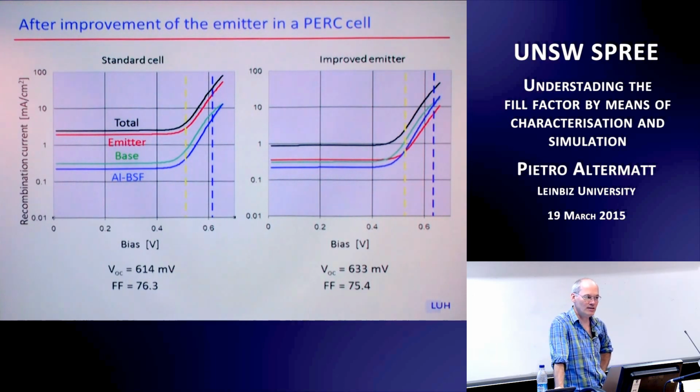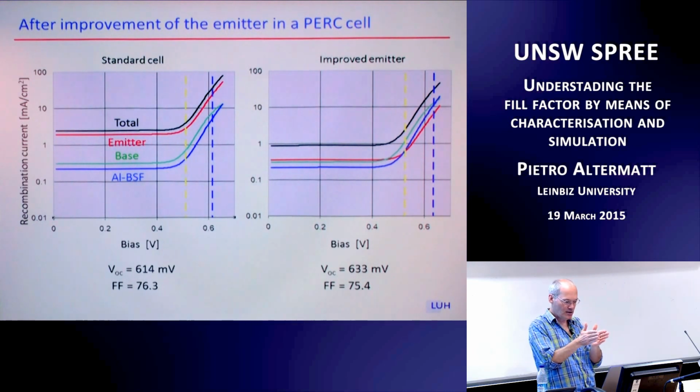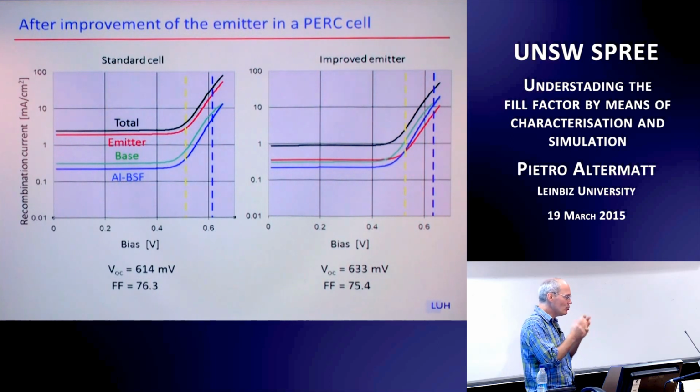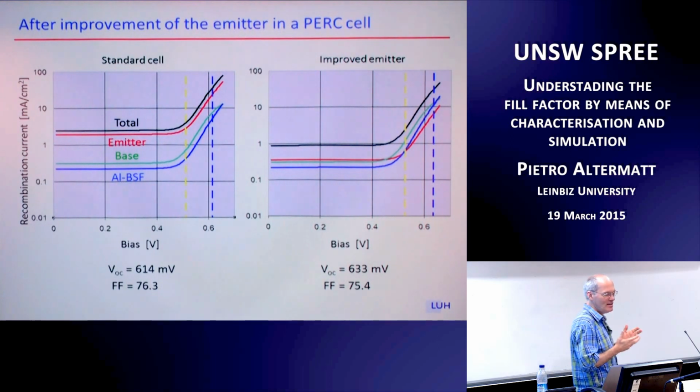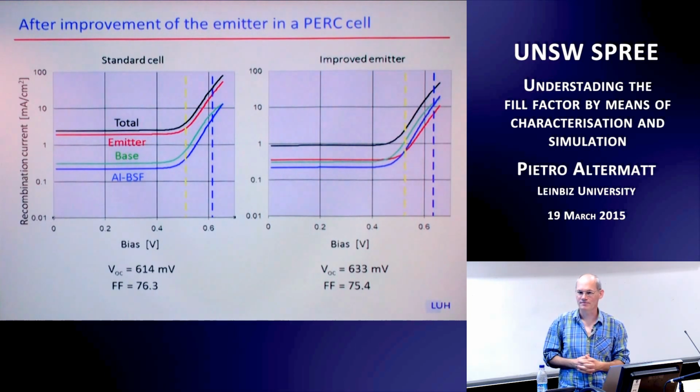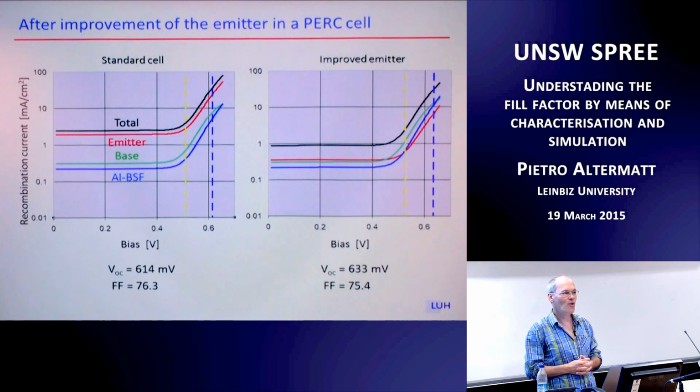People concentrated on kind of putting the front fingers closer together so they won't have as many sheet resistance losses in the current path in the emitter. They just tried to optimize metallization and the emitter to increase the fill factor, and it didn't work. It simply didn't work. Why not? Why didn't it work?